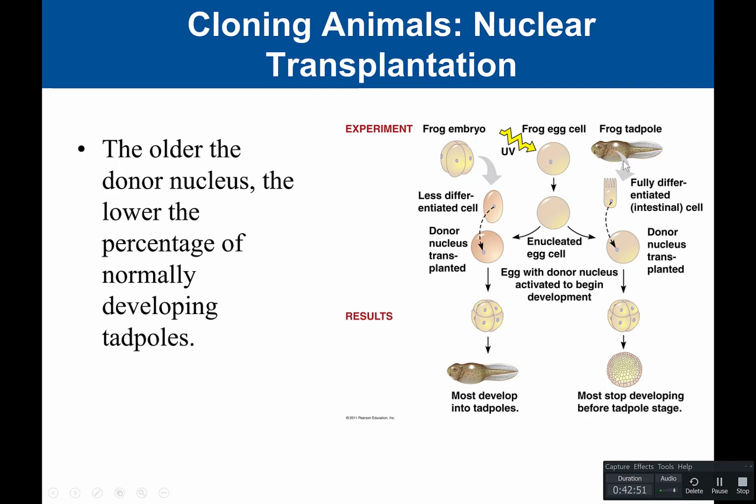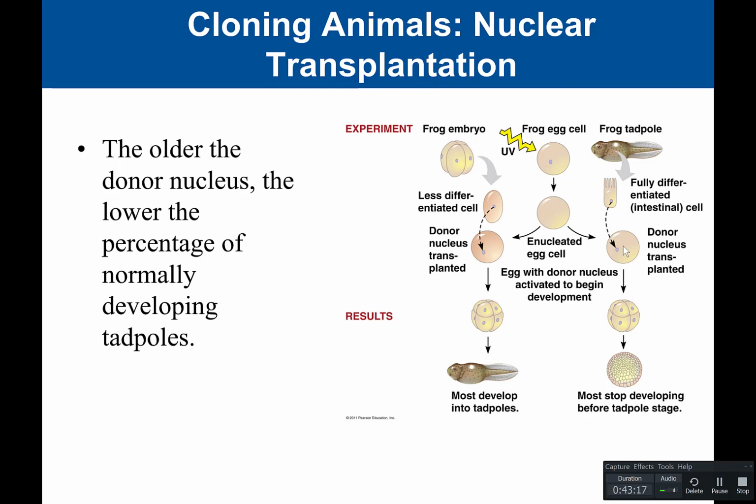Notice that these cells are differentiated. They're older, they've undergone more divisions. The frog embryo is a less differentiated cell. They did the same technique where they took the egg cell and removed the nucleus from it. And then they took this enucleated egg and fused it either with the frog embryo cell or with the intestinal cell.